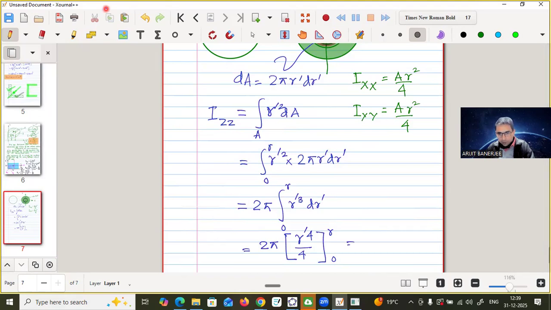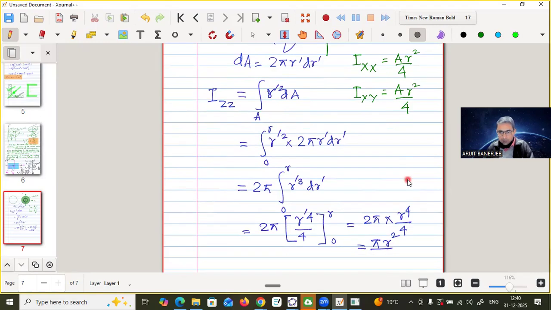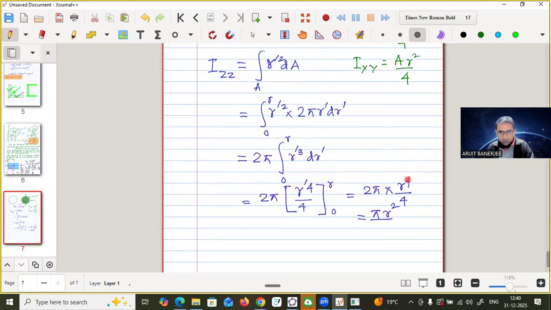So it will be 2 pi into r to the power 4 by 4. So it is pi r square by 2 into r square.